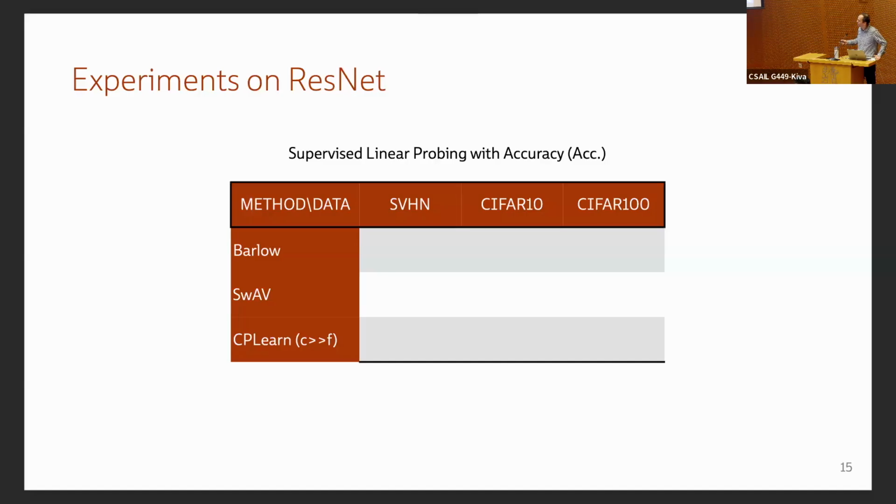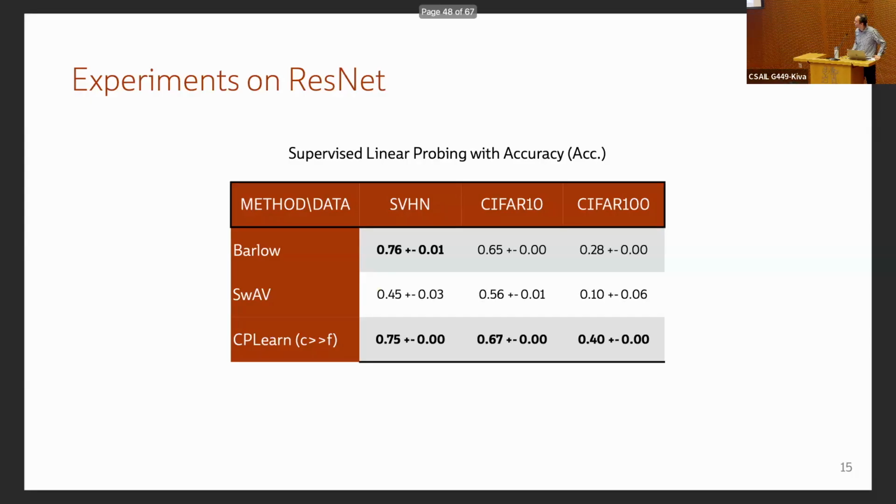So here I'm comparing with the correlating feature method, and here I'm comparing against a clustering approach. What you end up with is that in terms of linear classification, we are on par with some approaches, like, for instance, Barlow Twins here. And in some other cases, we do slightly better. But the performance is kind of similar. We cannot claim that we are outperforming all the state of the art.